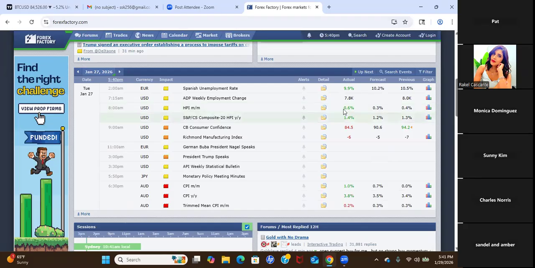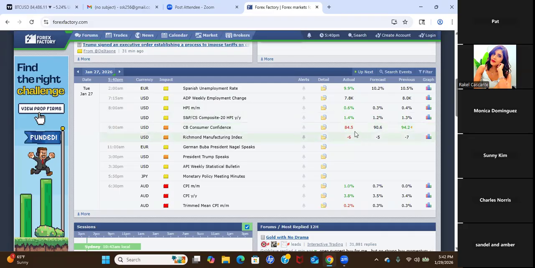XAU USD, which is gold. XAU US dollar, so it's tied to the US dollar. If the US dollar gets strong, the price of gold is going to drop. If the US dollar gets weak, the price of gold is going to go up.